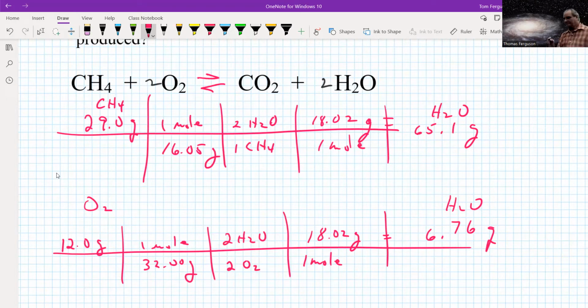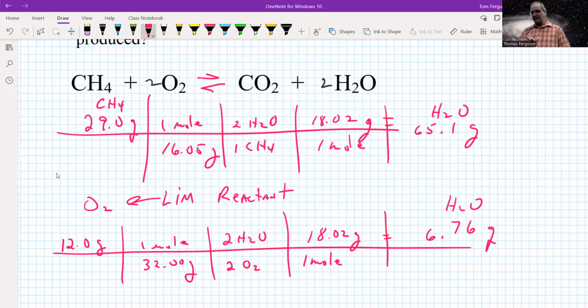So that's the limiting reactant. Now the next question is, how much methane do we have left over? Because we're going to totally consume all the oxygen. The limiting reactant gets totally consumed. The other one is in excess.